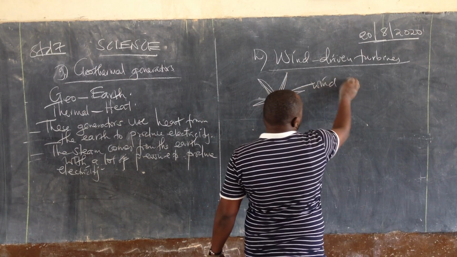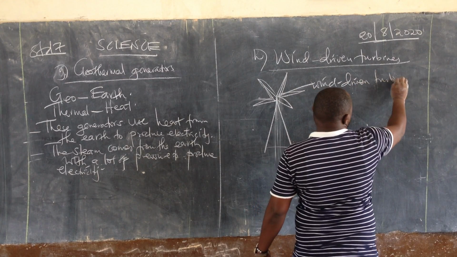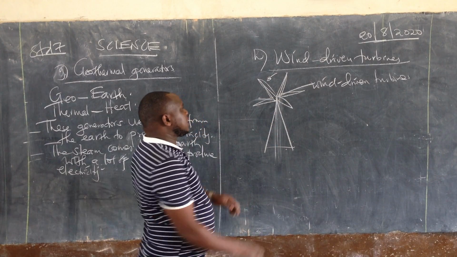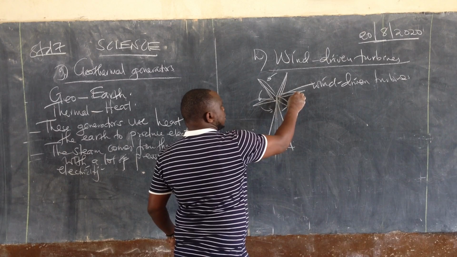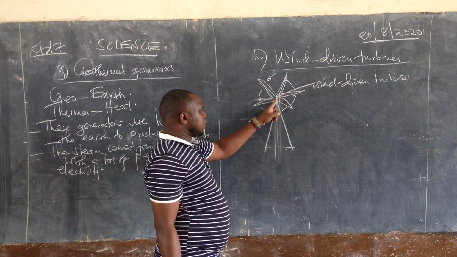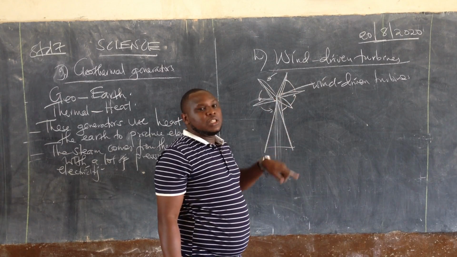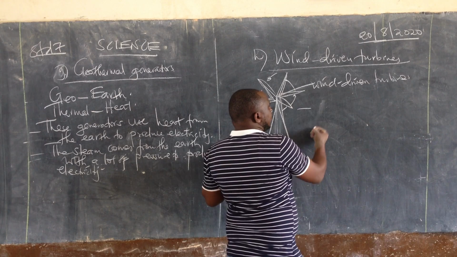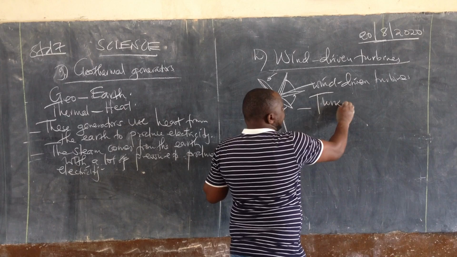Wind-driven turbines. So wind will come and hit on this turbine. So this turbine will keep on rotating in that direction. And so you realize that there are some wires that are connected to this one. As it rotates, it produces electricity. And this happens mostly in the Turkana parts.